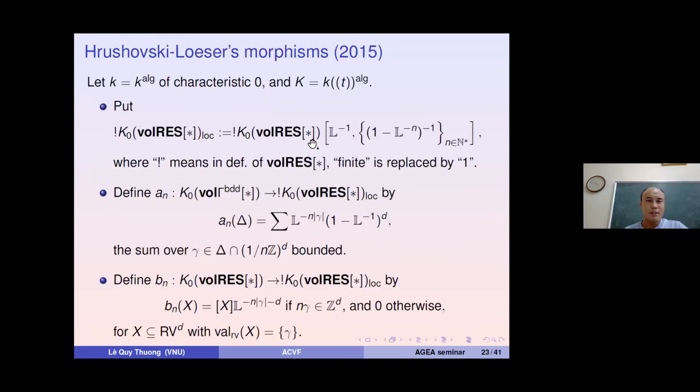Here, by construction, AN is a ring morphism from the Grothendieck ring of Vol gamma bounded to this. It is constructed as follows, which is very explicit.